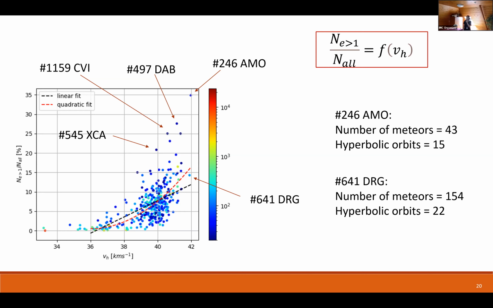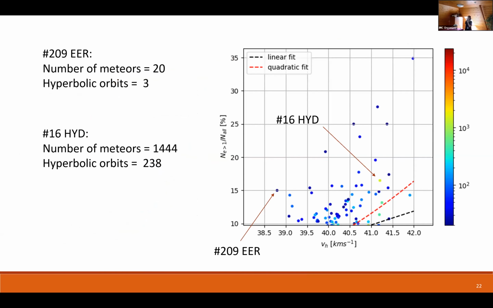Another one is, for example, the December rho Geminids, which are pretty close to the limit. Most of those showers only have tens to hundreds of meteors, but for example the sigma Hydrids have over 1,000 meteors overall, and about 16 to 17% of them are hyperbolic.